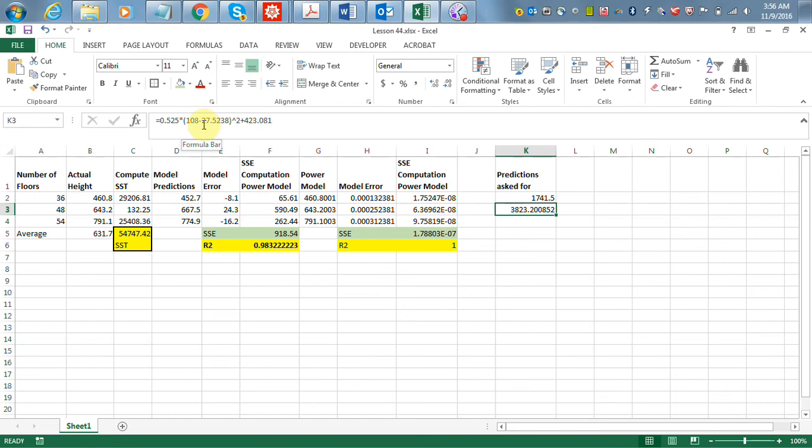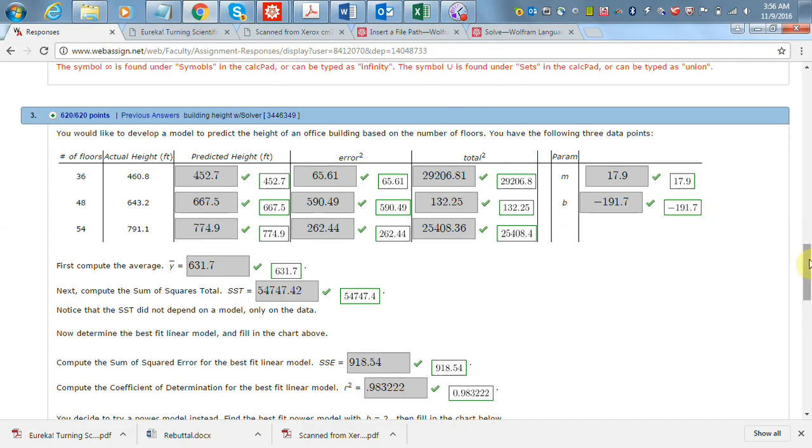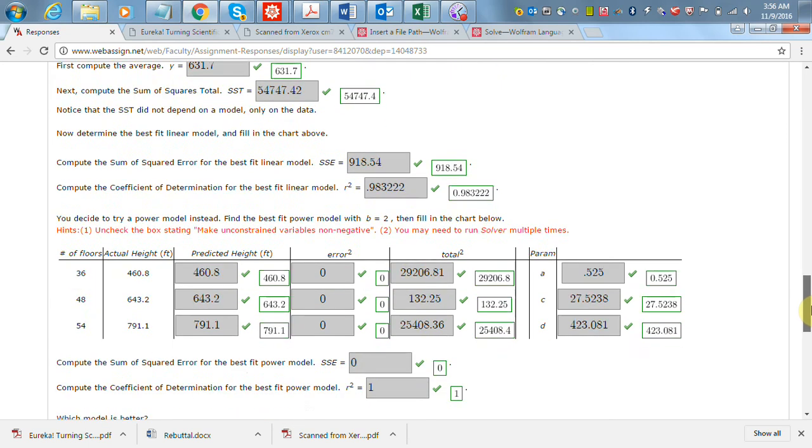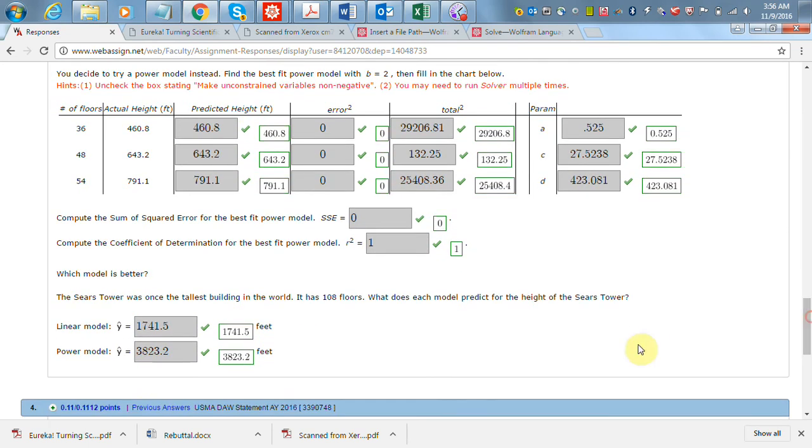The second one, I did exactly the same thing. I copied and pasted. You don't have to, you can type them in, but I want to get there as fast as possible. Instead of the A2, I put 108, and I got 3,823.2. And let's check. Look at that, same thing.